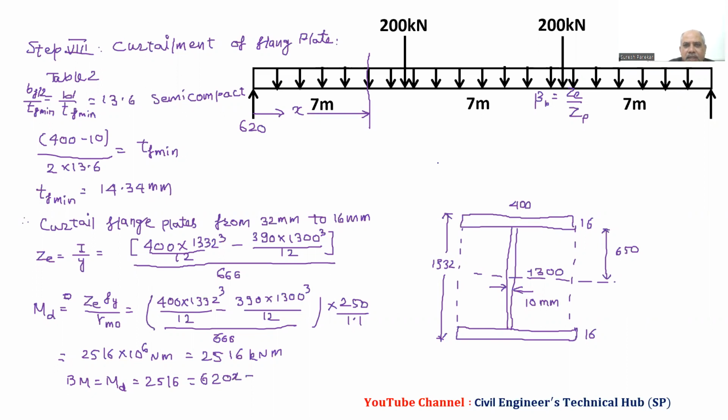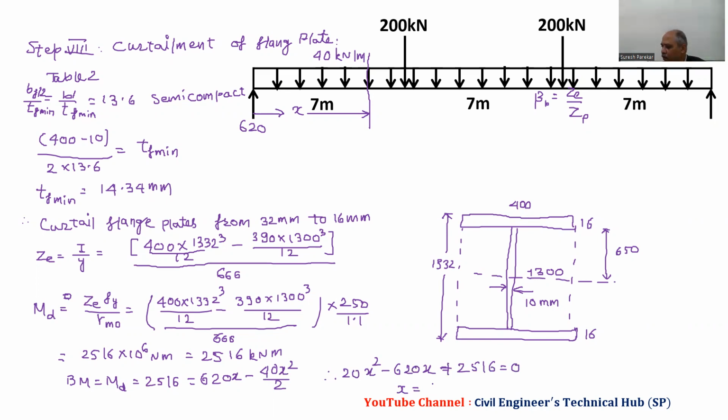620x minus, this value we have 40 kilonewton per meter, so minus 40 into x square by 2. And from this we will get 20x square minus 620x, and that is plus 2516 equal to 0, and we will get x that is equal to 4.8 meters.